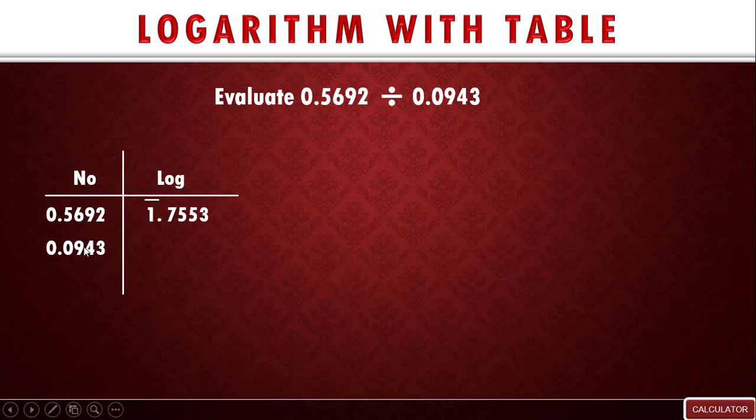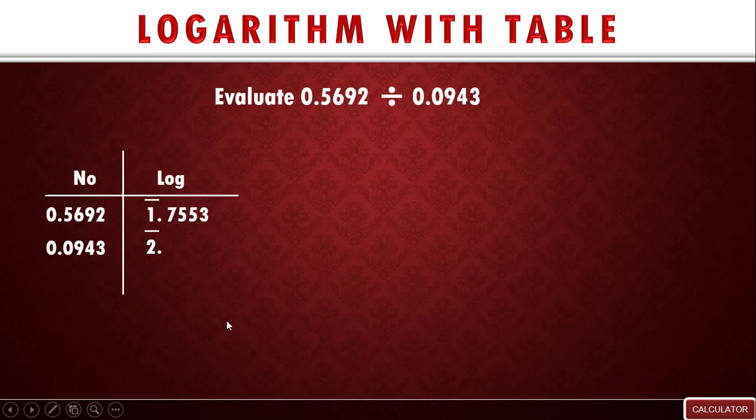So our reference position is around here. All we need to do is to count our decimal places to that reference position. If you count from here, 1, 2. So that means our characteristic will be bar 2.